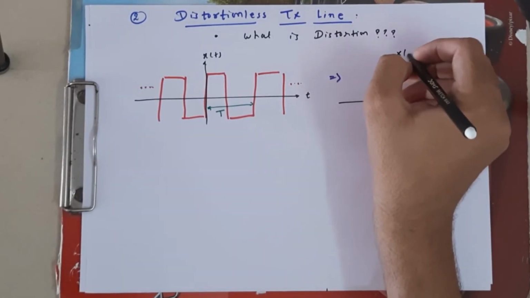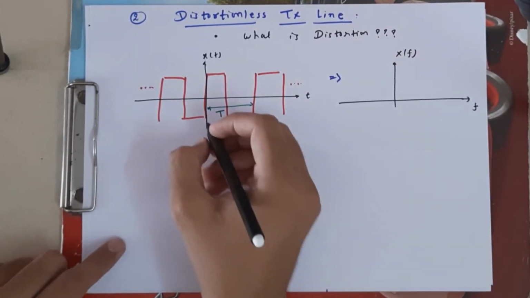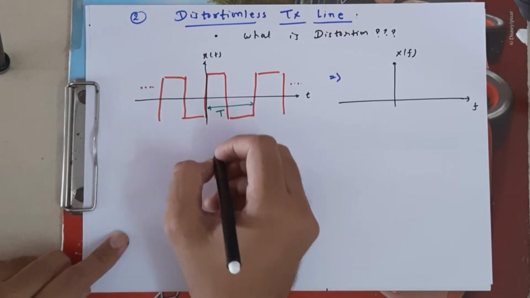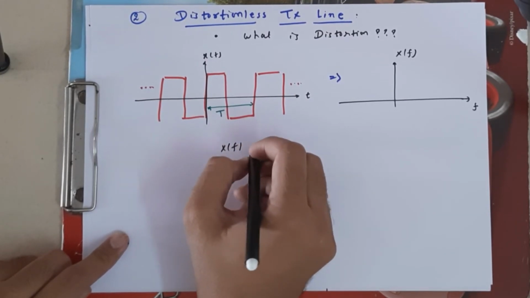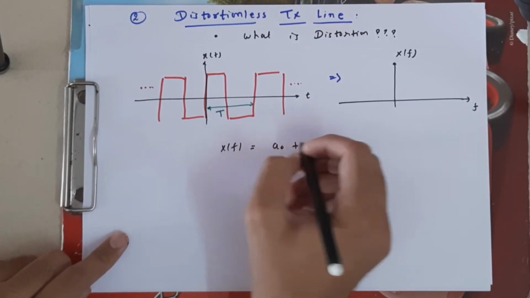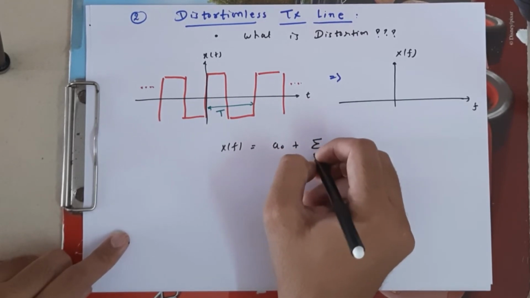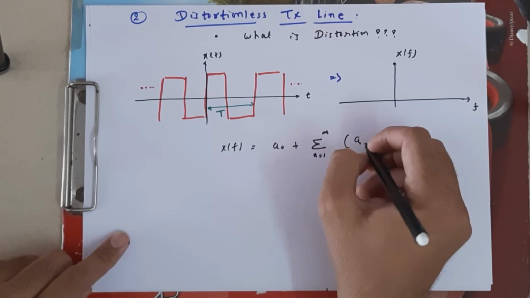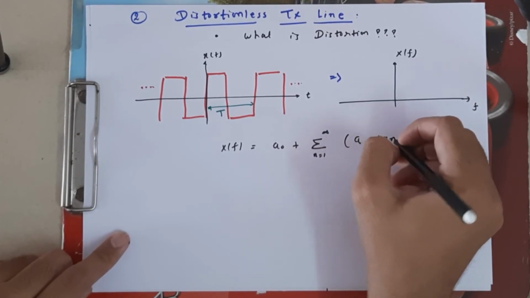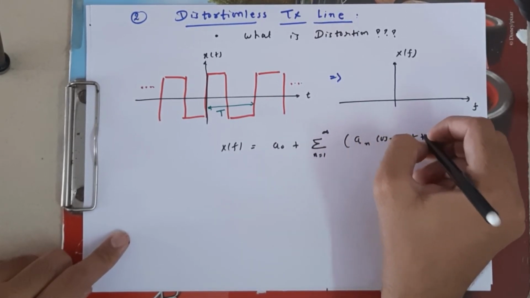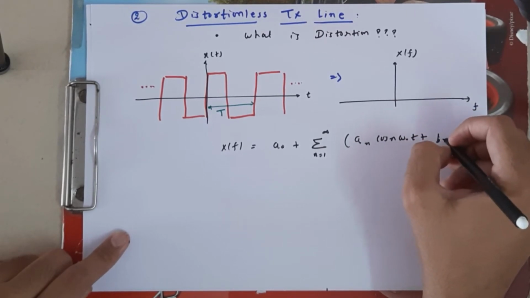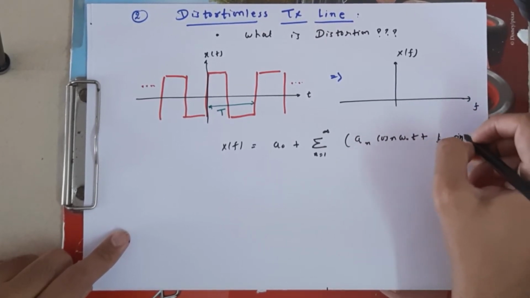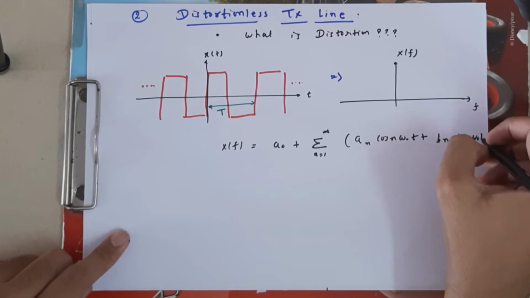Here I have to draw the frequency response of the signal, which is x of f. I have to apply the Fourier series. The Fourier series of x of t is nothing but, we know the equation, a0 plus summation n equals 1 to infinity of an cos n omega 0 t plus bn sin n omega 0 t.